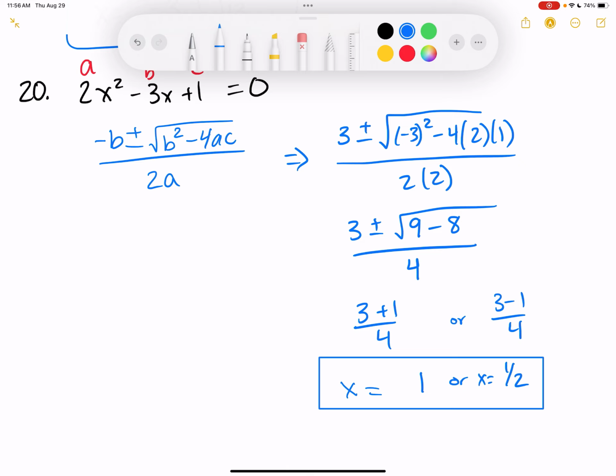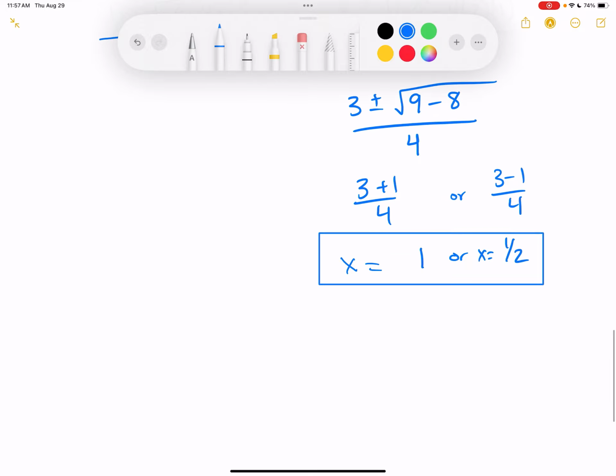Are we okay on quadratic formula? All right. Then, that being said, problems 5. Nope, I lied, not 5. 9, 11.